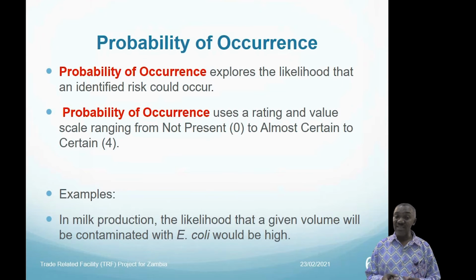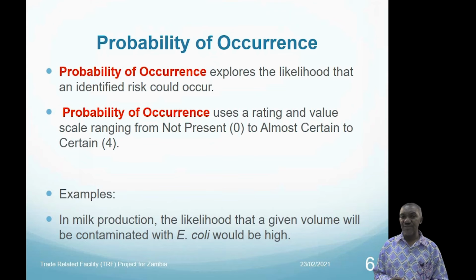We're talking about what is the likelihood that pesticide will be present in milk at the time that it is served to a consumer. So probability of occurrence talks about the likelihood that a particular hazard will be found in a particular food commodity at the point that a person will be exposed.